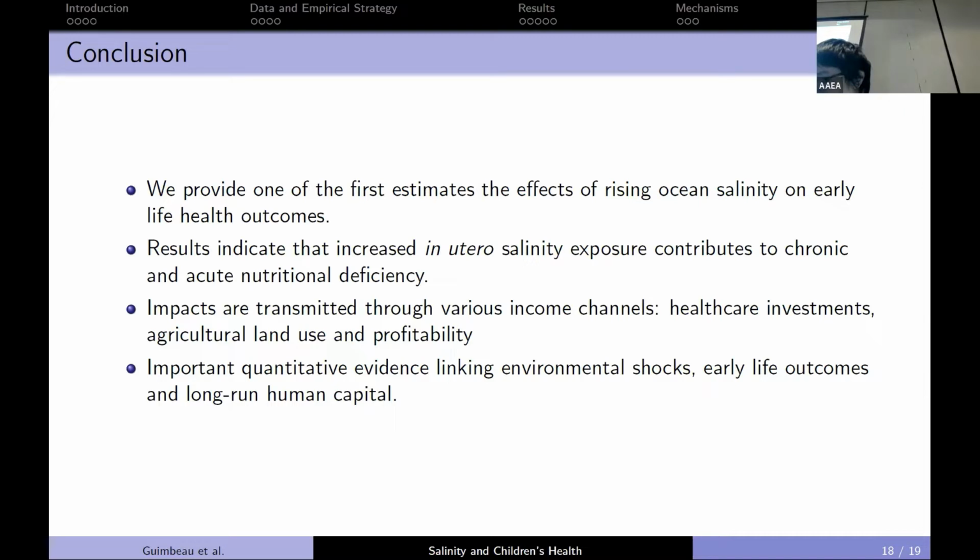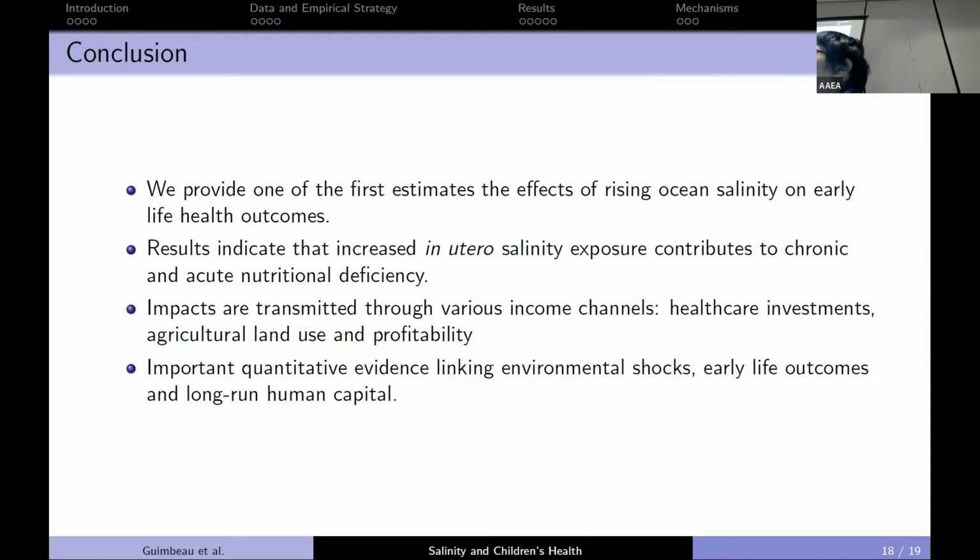So what we're trying to say here is, if we believe this is an income shock, meaning that families have less income when they're exposed to higher salinity levels, from these decreased agricultural profitabilities, maybe. Can't say for sure, but that seems to be pointing to that. If families have fewer resources, they will spend fewer resources on children.